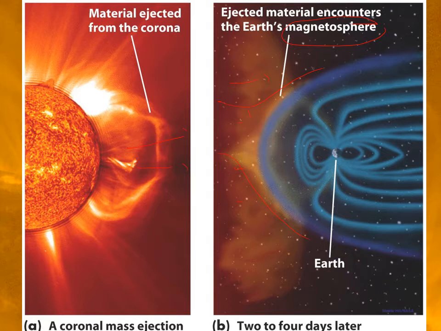But what happens here is some of the particles get trapped in the magnetic field, and they form regions of particles running back and forth around the magnetic field that we call the Van Allen radiation belts. If you happen to get into one of those regions where these particles are slamming into you, it's like particulate radiation. So when the coronal mass ejection hits Earth's magnetic field, it starts shoving the magnetic field around.